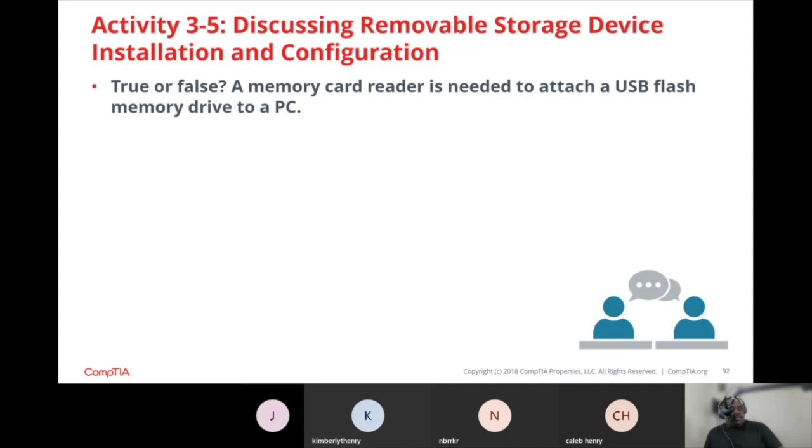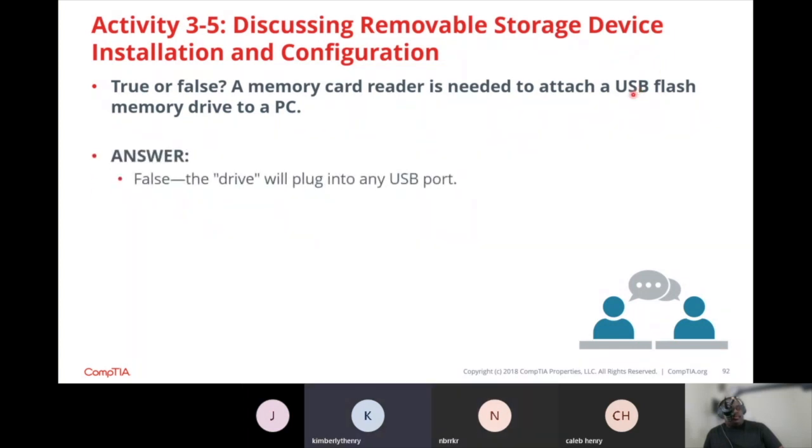True or false? A memory card reader is needed to attach a USB flash memory drive to a PC. Say that again. True. False. It uses USB.